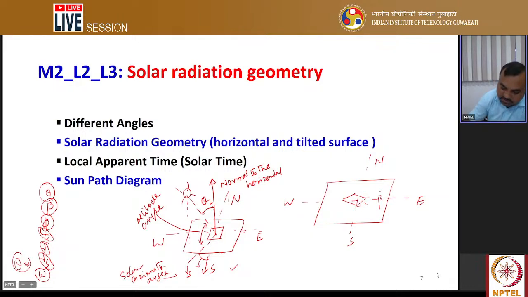And if we write, the normal to the horizontal surface is something like this, and the normal to the tilted surface is something like this, okay? And the sun ray is coming and striking on the inclined surface.